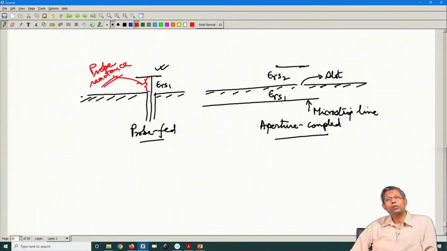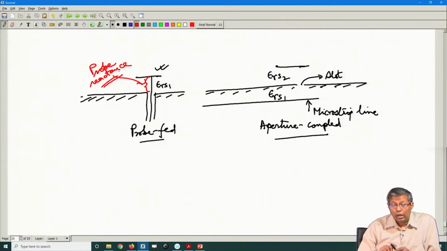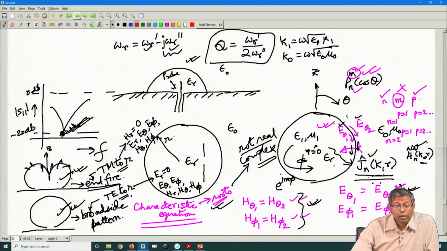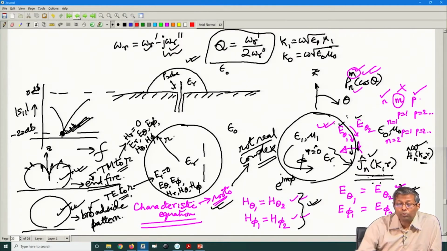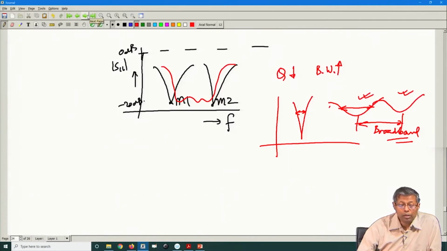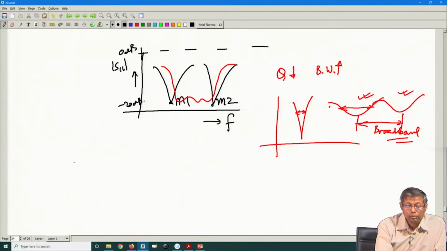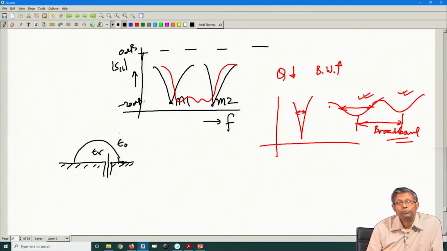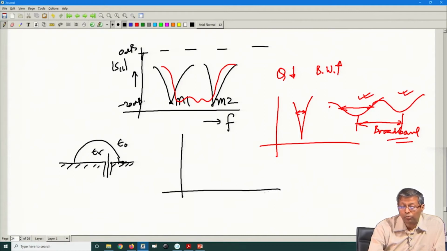As I told you, the difference between loaded and source free resonance, if you look at the slide, if you compute the source free resonance of this kind of a structure, which is excluding the probe, let us say this is a dielectric resonator antenna, and you have computed the source free resonance of this, and you have also performed a simulation with the probe and found out the S11.